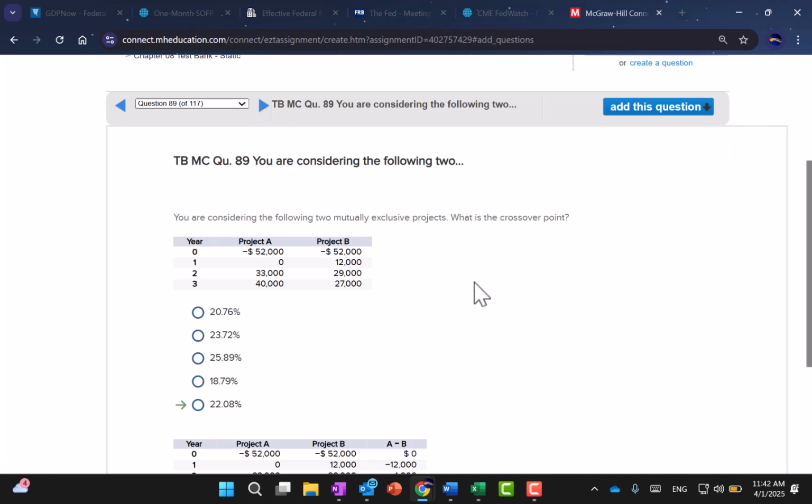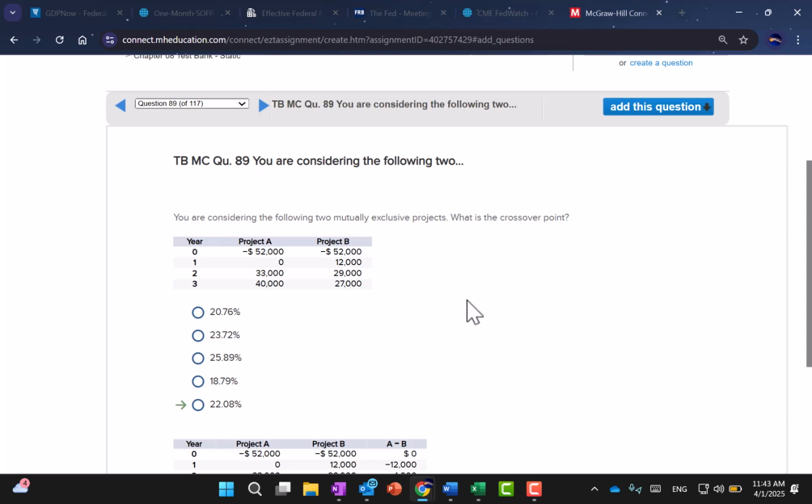Okay, this is something we haven't talked about in class, but what is the crossover point? You have two mutually exclusive projects, and at what rate their NPVs are going to be the same.